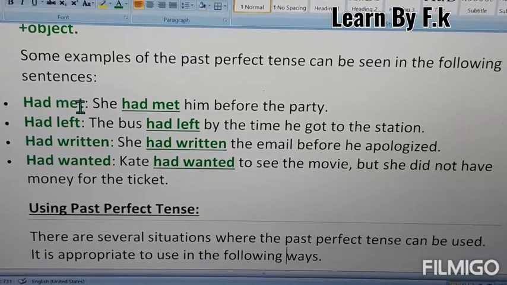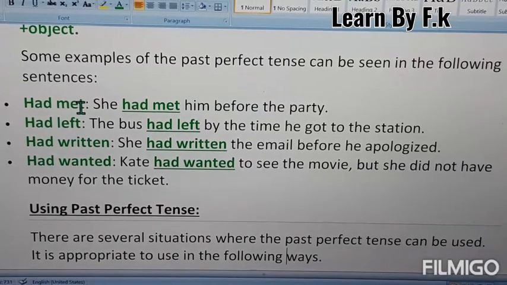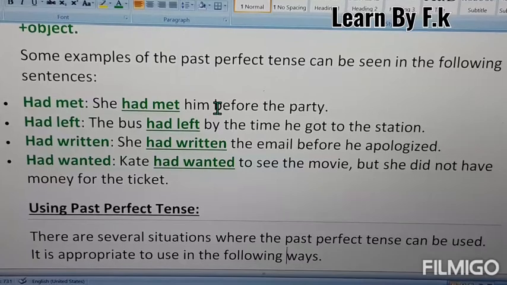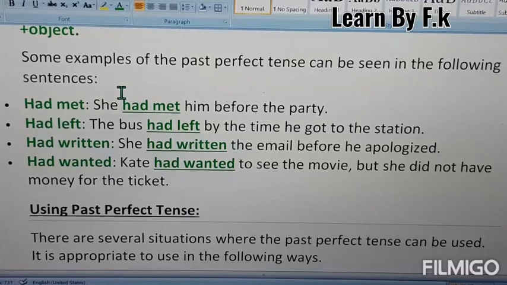She had met him before the party. In this sentence you can easily see the two things: before the party, the previous activity done by her, which is that she had met him.